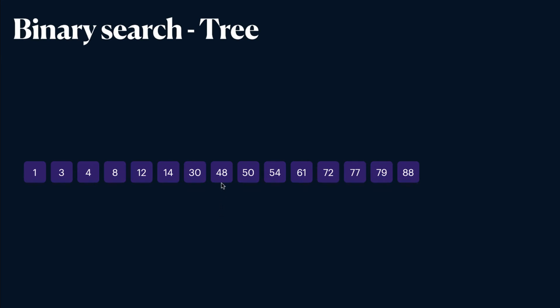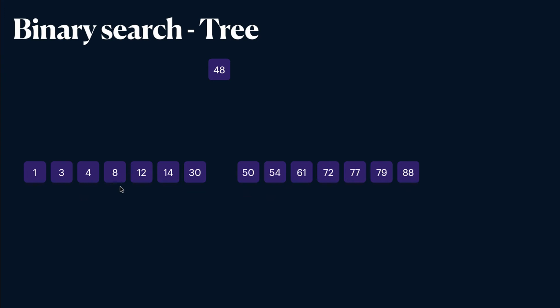I won't draw edges between parents and children, between nodes, but I'll do it in the very end. So first of all, we're also picking the middle element. It will be 48. I think you remember it from the last example. Then we have two parts left: everything to the left of 48, and everything to the right, which is bigger than 48.